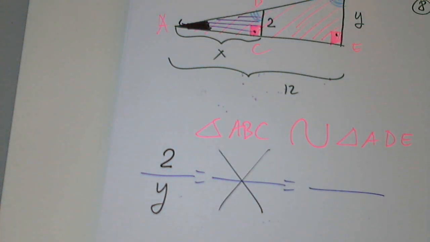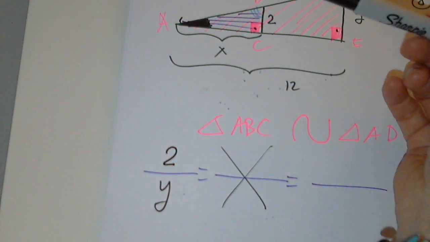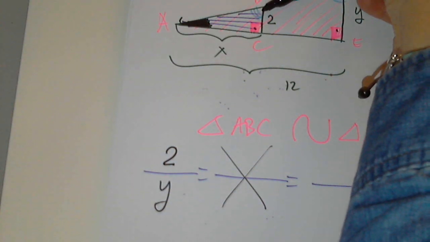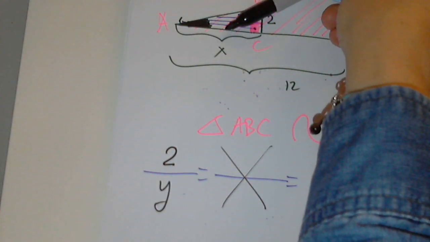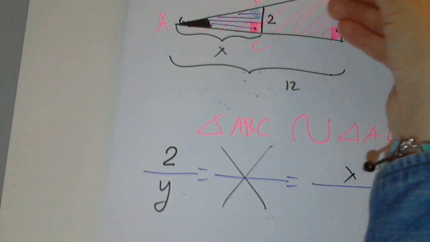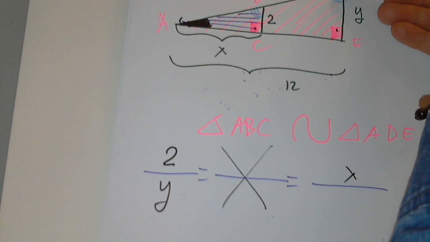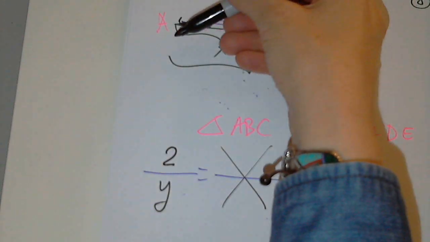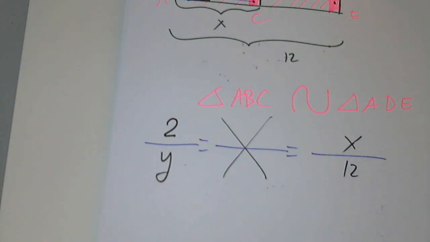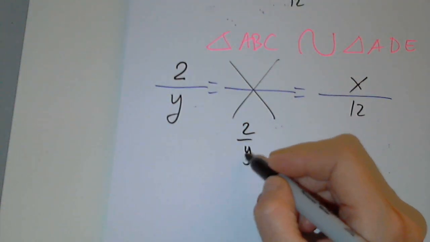So the next one, I don't care. I finally reach this angle. What is the opposite side of angle B in the small triangle? X. The corresponding congruent angle now. What is the side opposite to angle D in the big triangle? 12. Now I have a proportion.